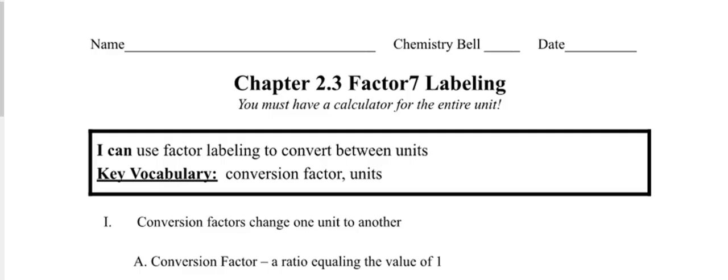So factor labeling is a way to look at how to solve a problem by using the units, all right? And so we are teaching you in this section a procedure on how to do a unit conversion based on their units, okay?